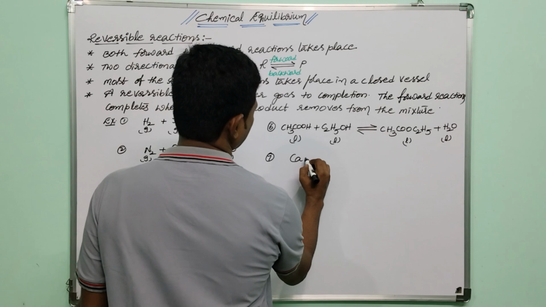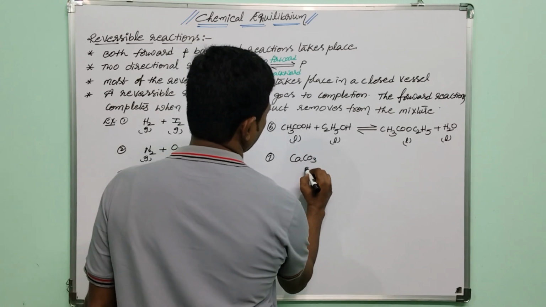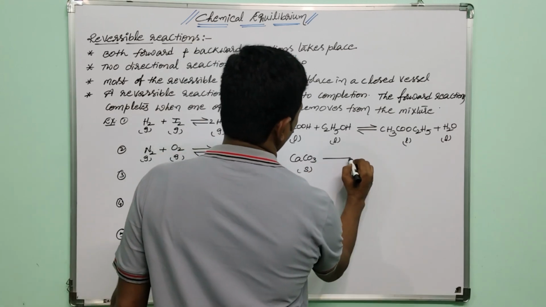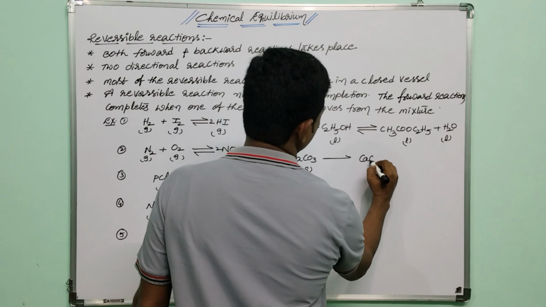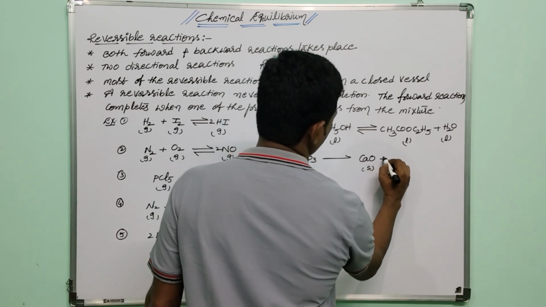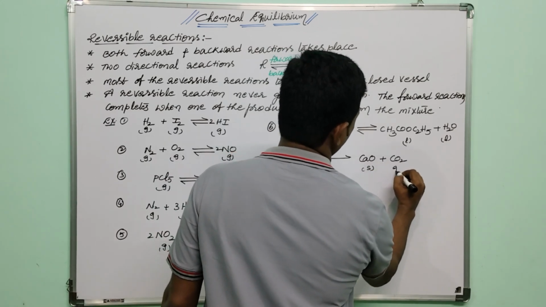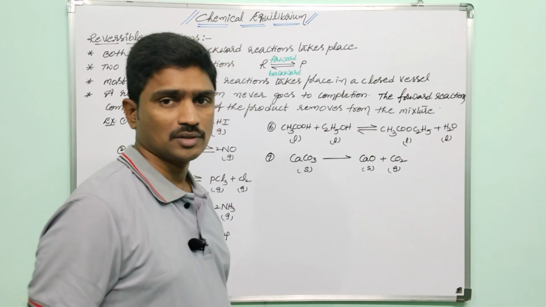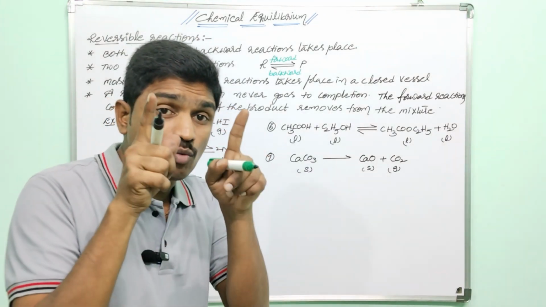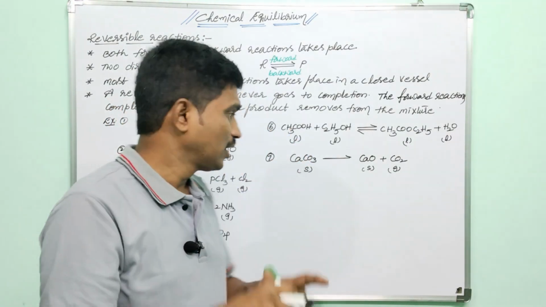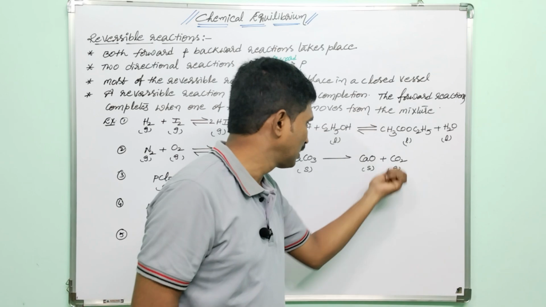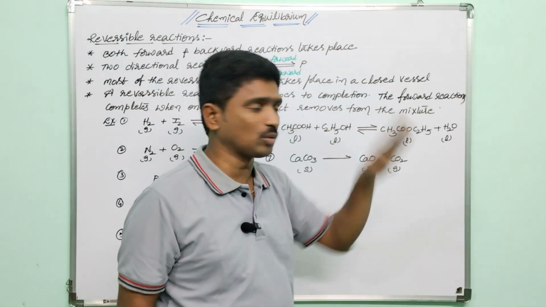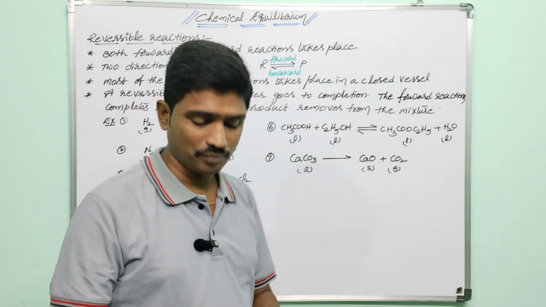Next is solid phase. Calcium carbonate, a solid, decomposes to give calcium oxide, another solid, and carbon dioxide gas. If the vessel is an open vessel, remember, the CO2 gas escapes out, there is no reversibility.